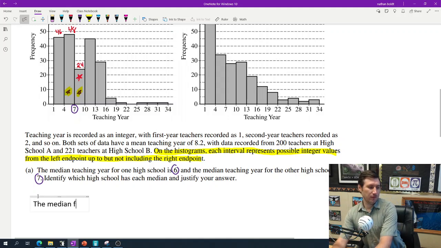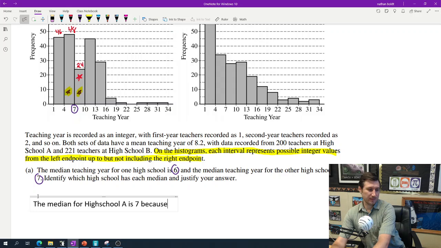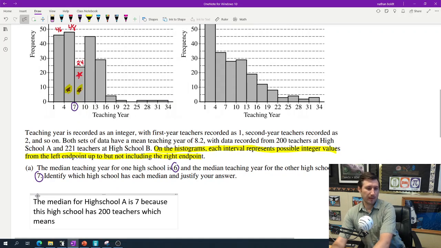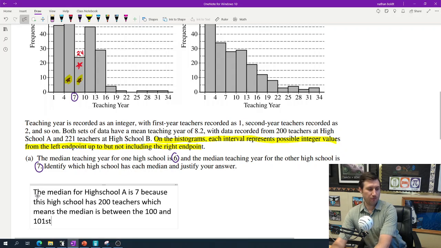The median for high school A is 7 because this high school has 200 teachers, which means the median is between the 100th and 101st data point.